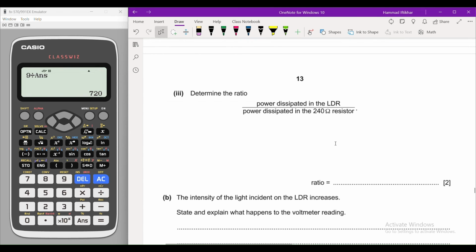Determine the ratio of power dissipated in the LDR to power dissipated in the 240 ohm resistor.